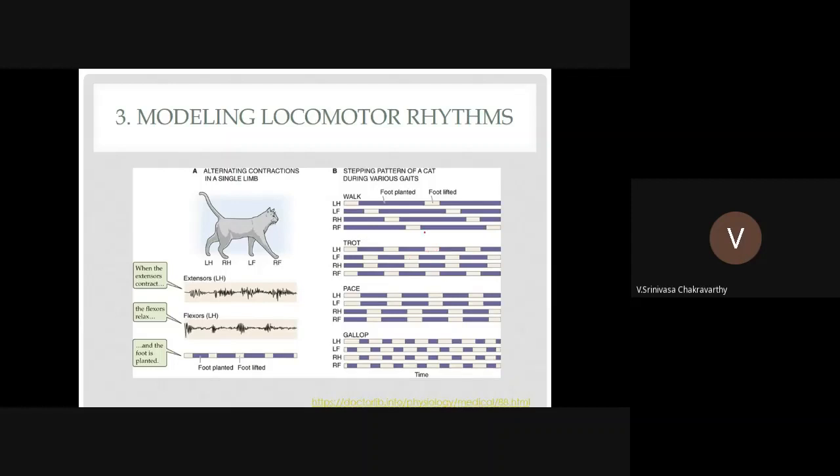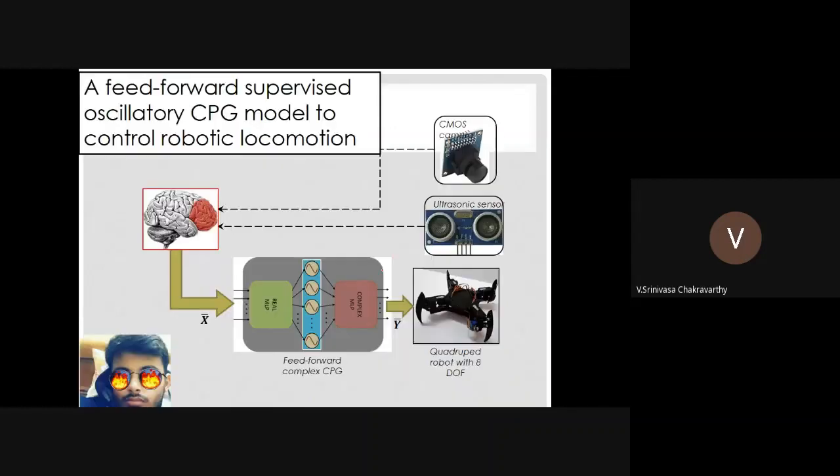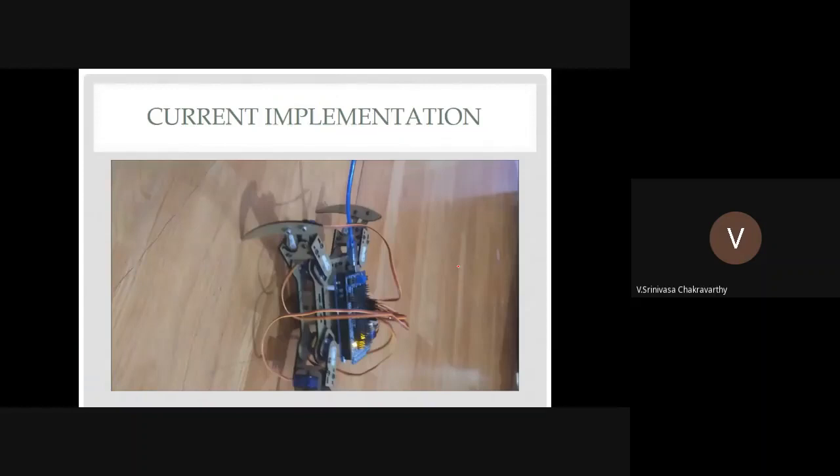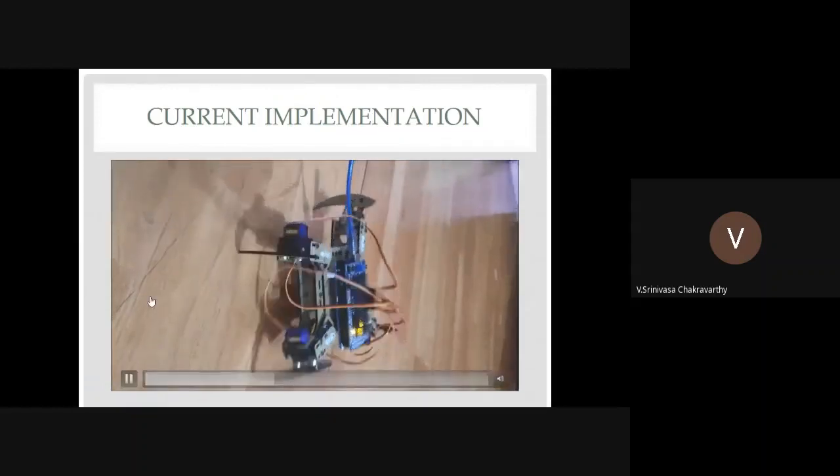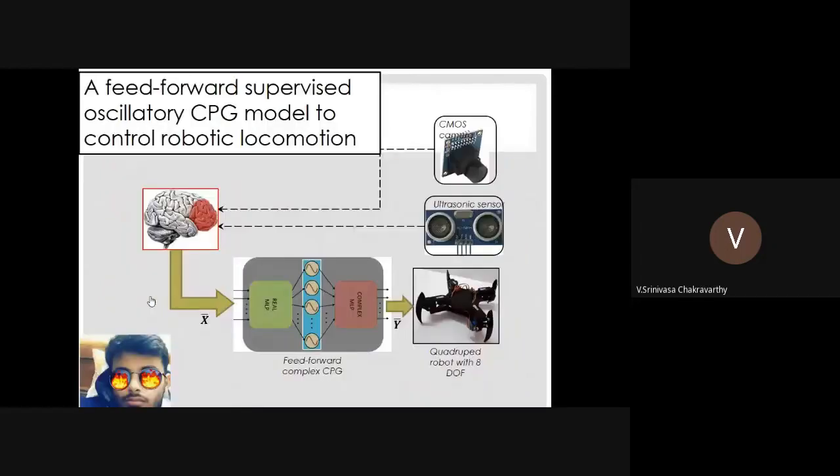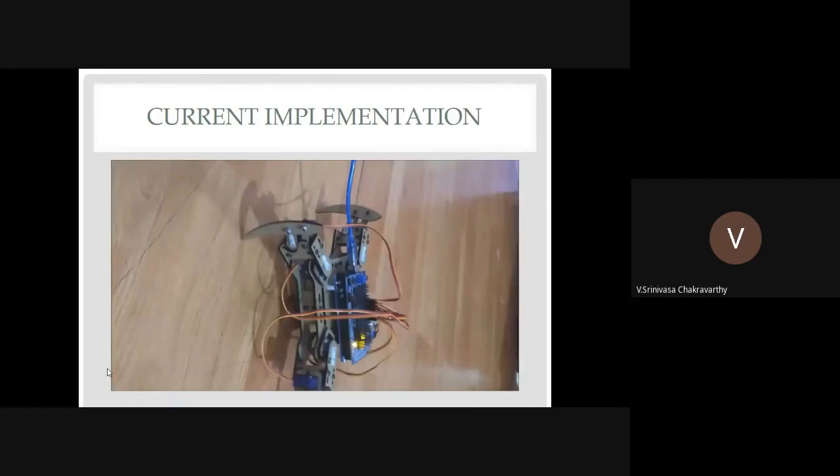Now we are trying to model these rhythms using our oscillator network and use the network output to drive the gait of a legged robot. There is some preliminary work done by Shreyas here. I think Shreyas is in this class. You can talk to him more about what he is doing.